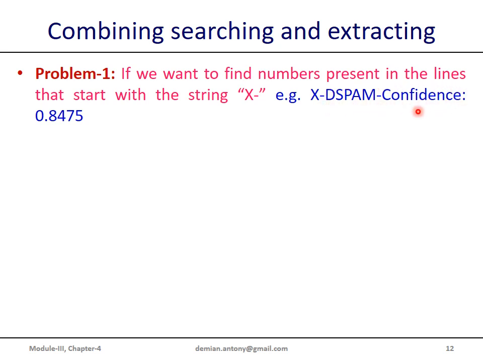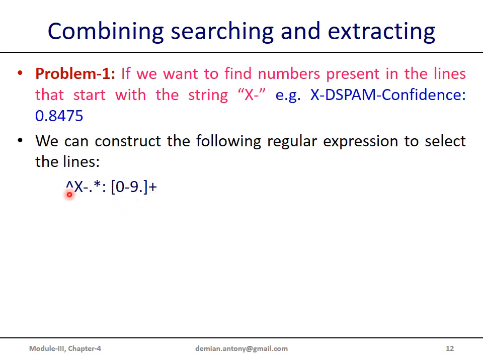We have to write dot star, a period to match any characters, then followed by colon, it is required, then a segment of regular expression to match the numbers. We can have a square bracket containing 0 to 9 and this dot, and we have to see to it that there exists at least one number. We have to use the wildcard character plus.